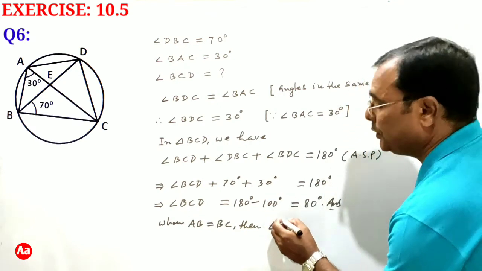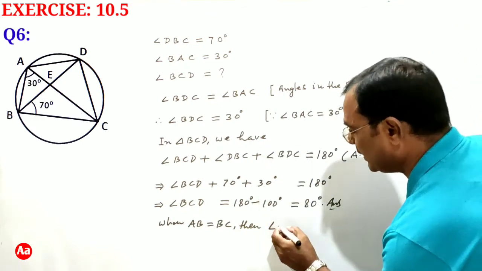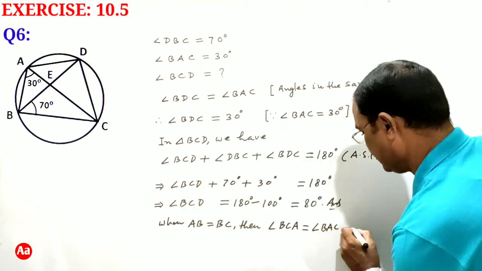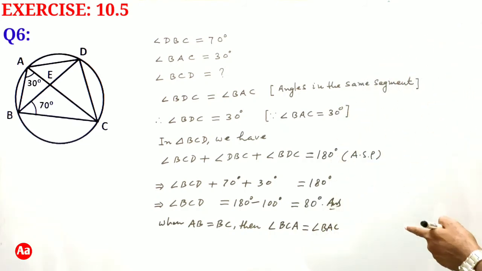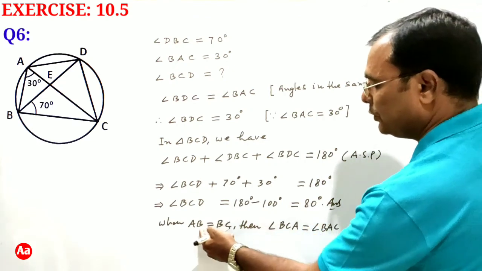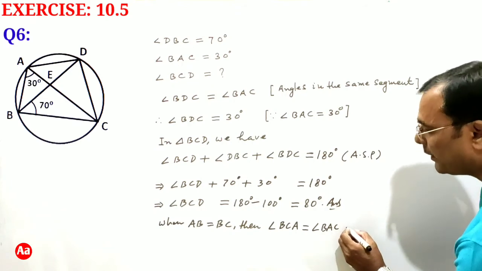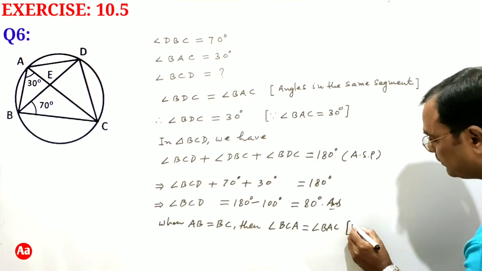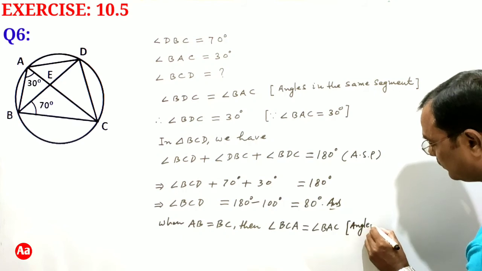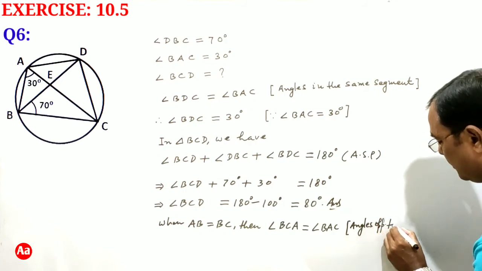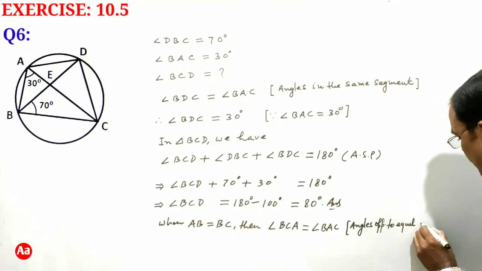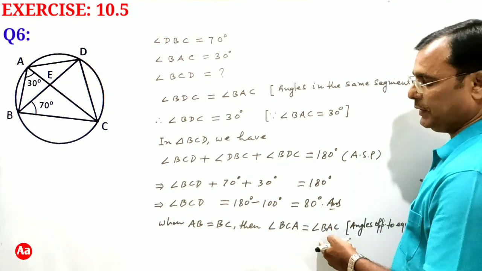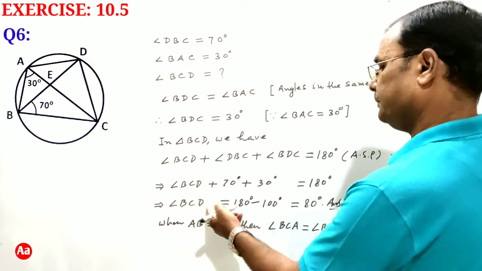Angle BCA is equal to angle BAC, angles opposite to equal sides are equal.